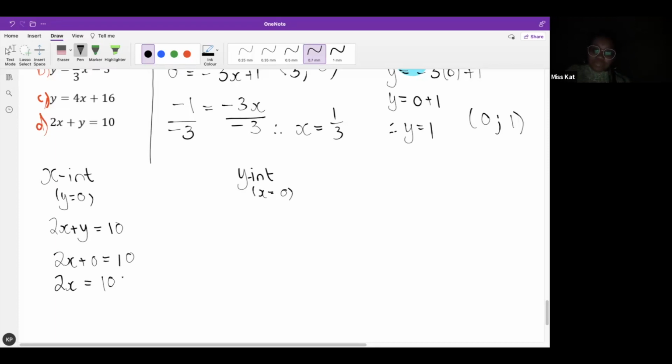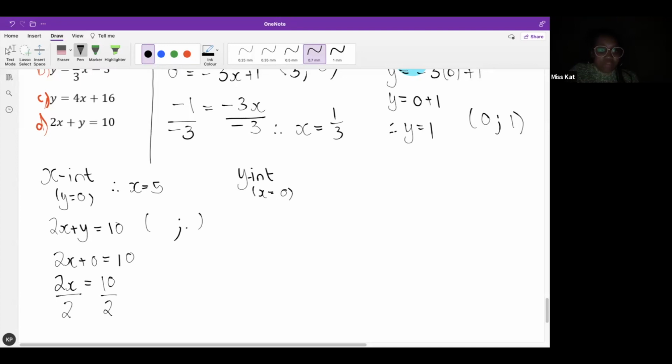I've written 2x over 2, and another 2 is 10 over 2. So your x is equal to 5. So what are my coordinates?